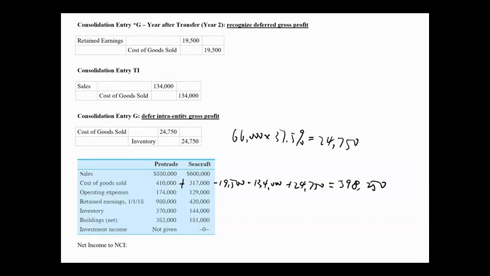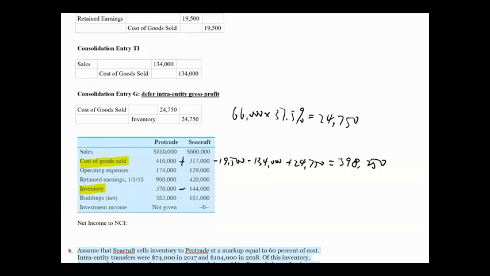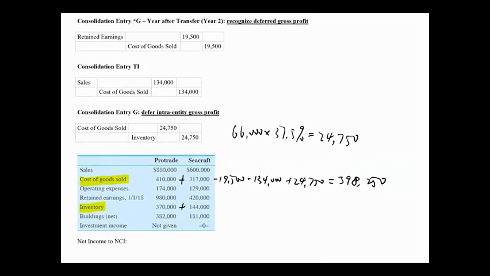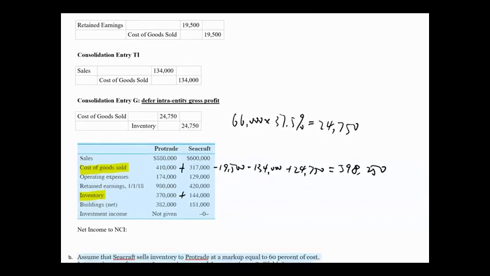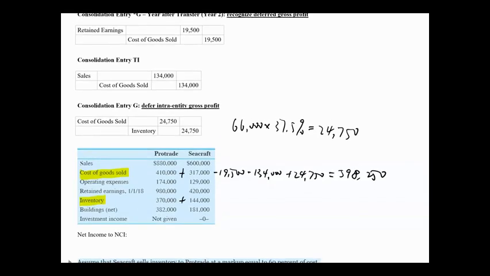Next one is the balance for inventory. To get inventory, first we take the inventory's current book value, and then we look for whether there is any consolidation entry that involves inventory. We see that in consolidation entry G in 2018, we have a credit balance of 24,750, so we need to subtract 24,750.